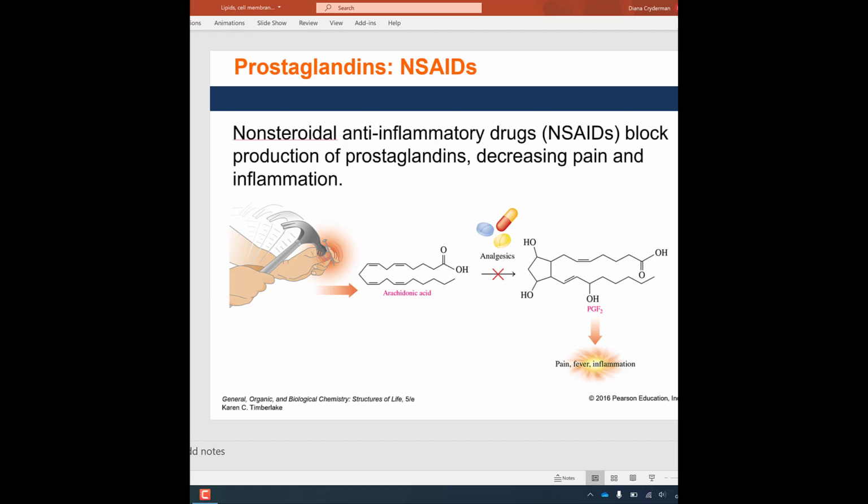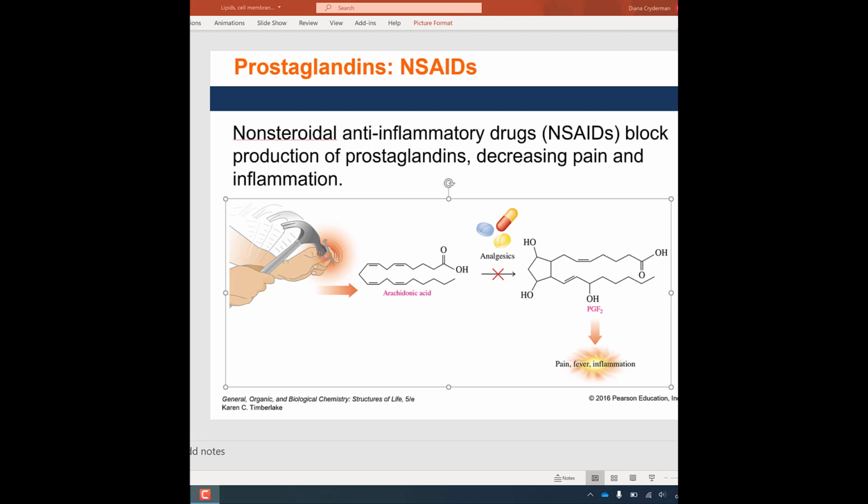Oftentimes, that is the function of an NSAID, a non-steroidal anti-inflammatory drug. These block production of prostaglandins, and so therefore that's how NSAIDs work to decrease pain and inflammation.